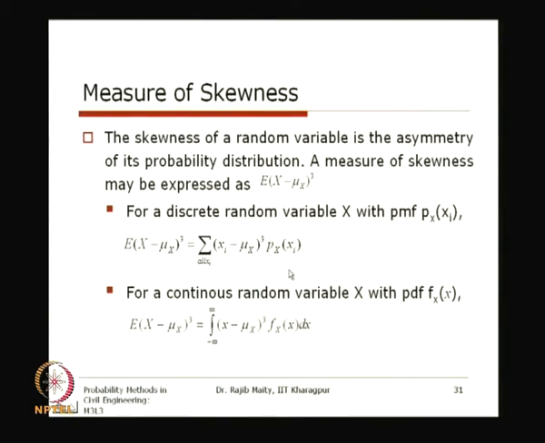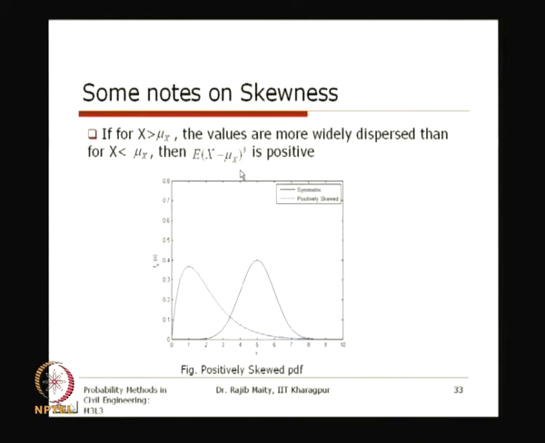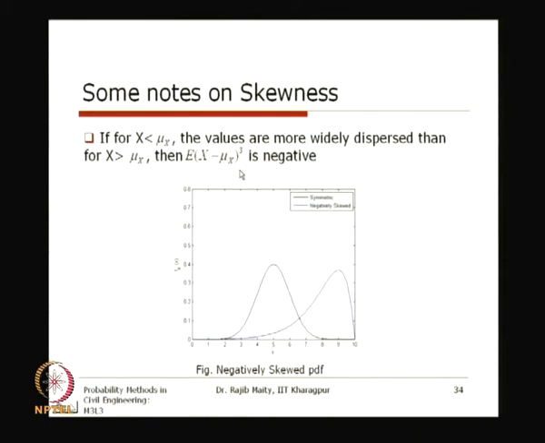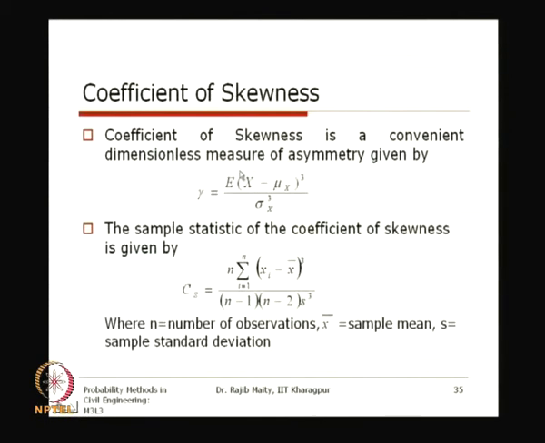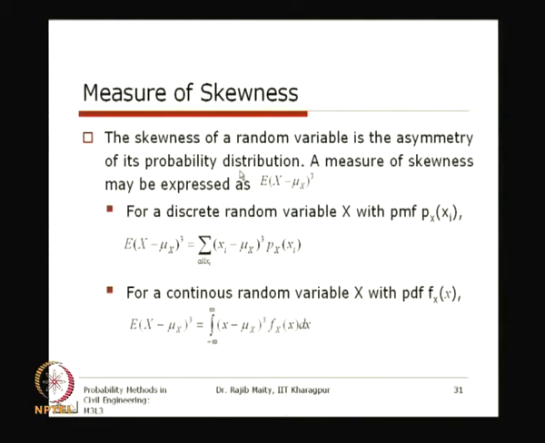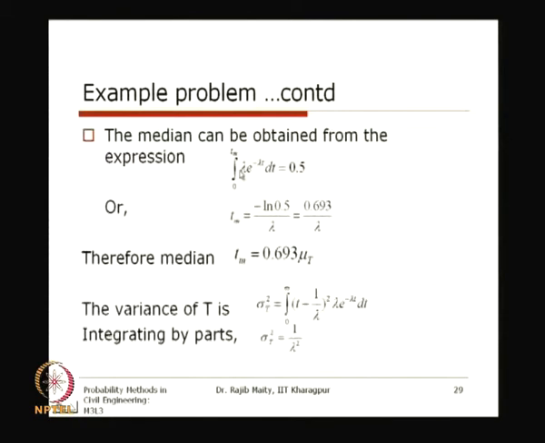There are two other measures, one is the measure of skewness, and the other one is the measure of peakedness, and we will see this later. These are the higher moments.